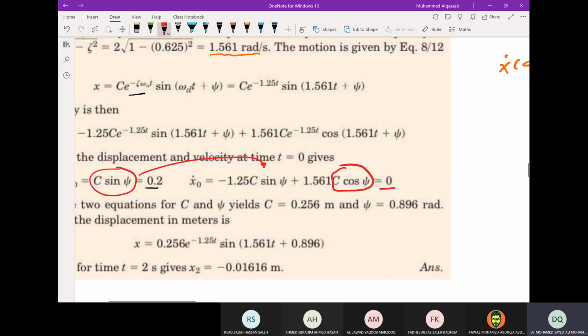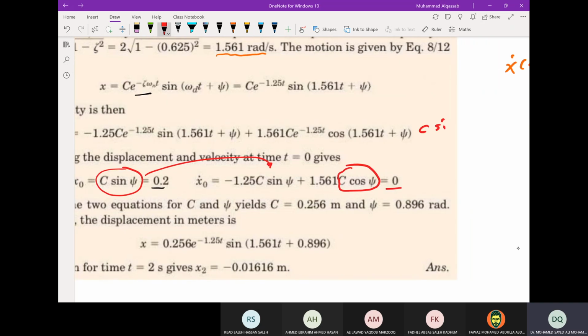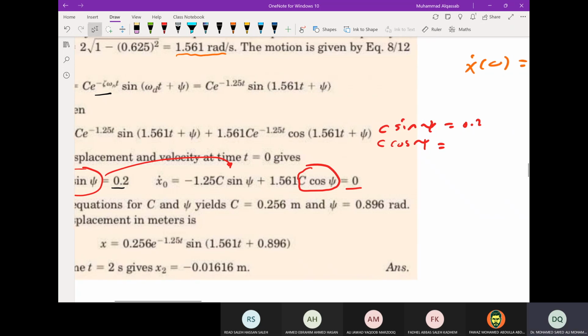With this, you can put c sine psi equal to 0.2, and also c cosine psi equal to 1.25 multiplied by c sine psi, which is 0.2, divided by 1.561.